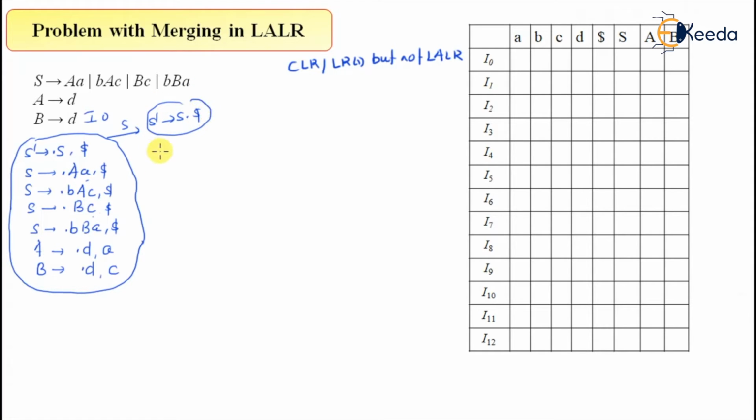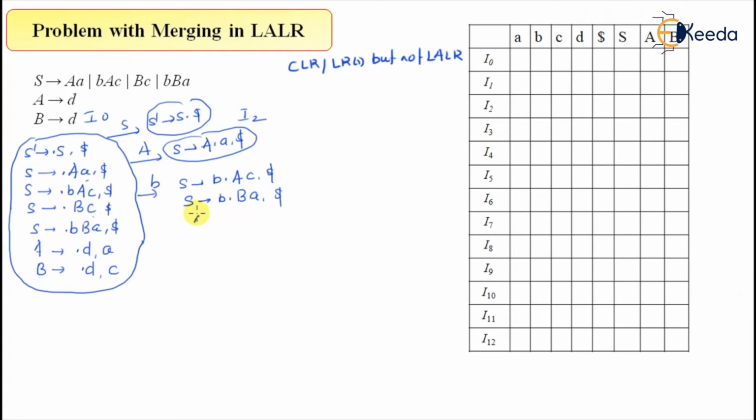Closure operation is not required. On input A, this will become S derives A dot A followed by dollar, and that state is your I2. On input b, there are two b's. It will become S derives b dot Ac followed by dollar, with dot in front of A, and S derives b dot BA followed by dollar.